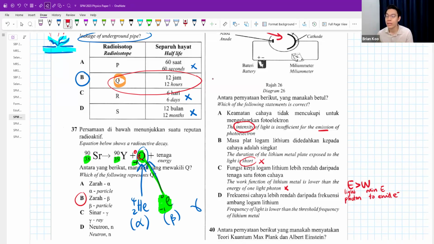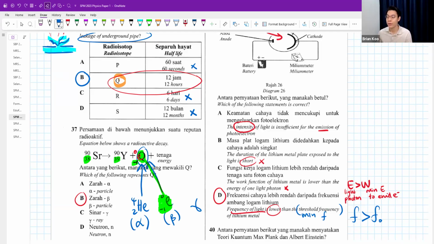It will not come out. So answer has to be D, because the frequency of your light is too low, lower than the threshold frequency. Threshold frequency means the minimum frequency. f must be bigger than f0. Threshold is f0. That's how we label it.